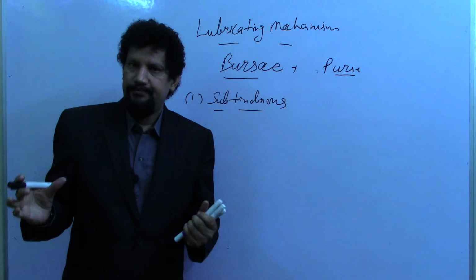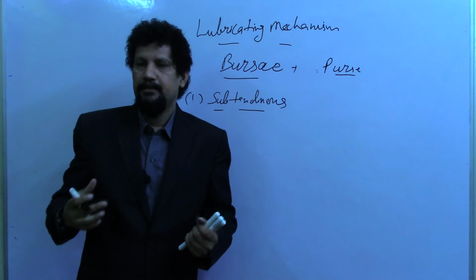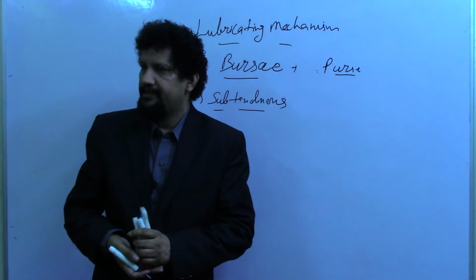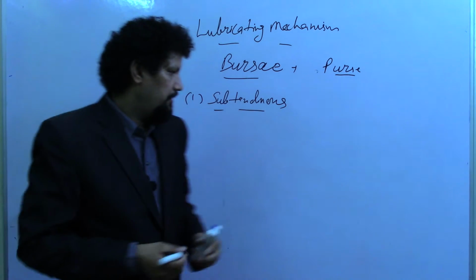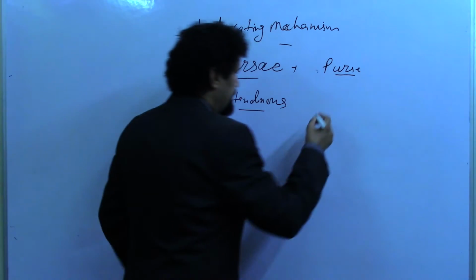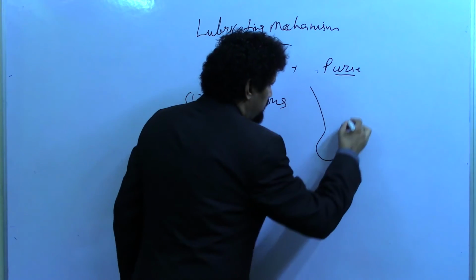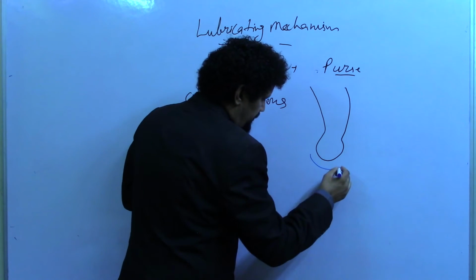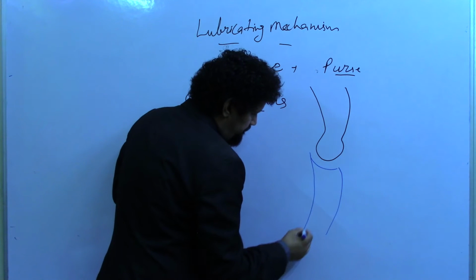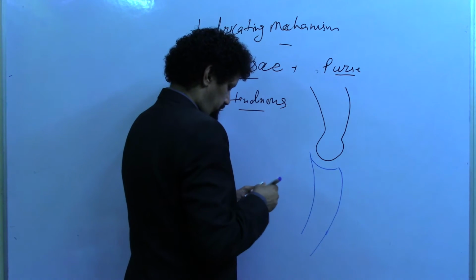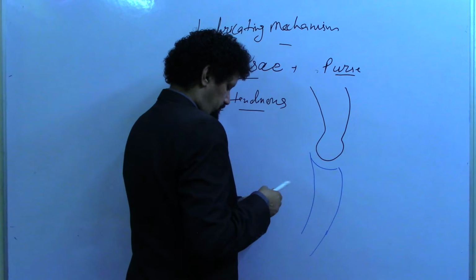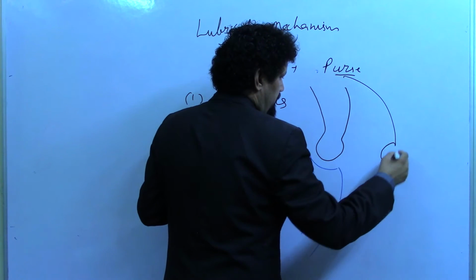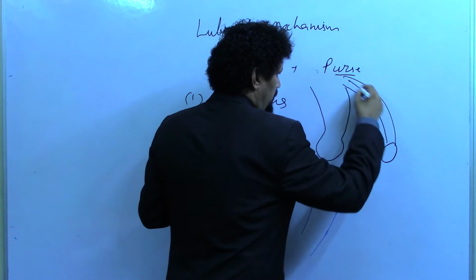The bursae are especially formed in the upper limbs and the lower limbs, or I can say the joints of the upper extremities and the joints of the lower extremities. So here I will talk about the knee joint. This is the distal part. And this is the sesamoid bone known as patella.